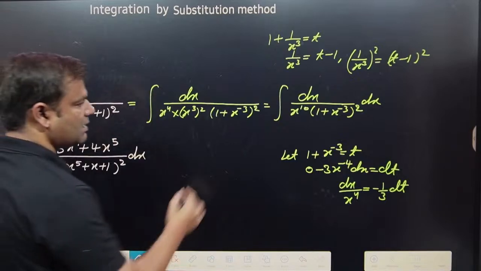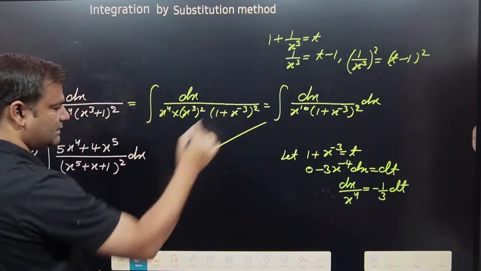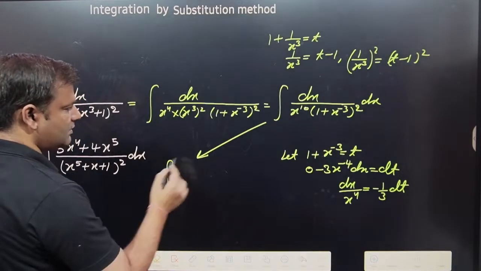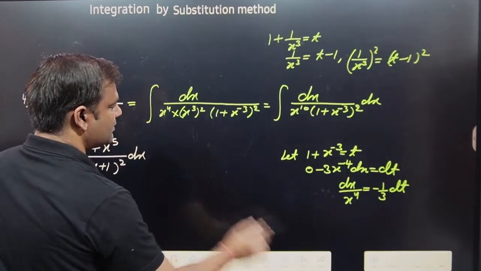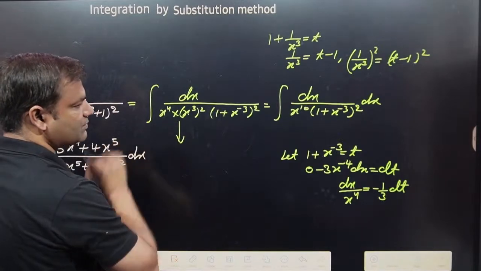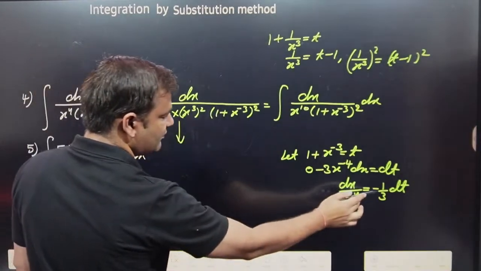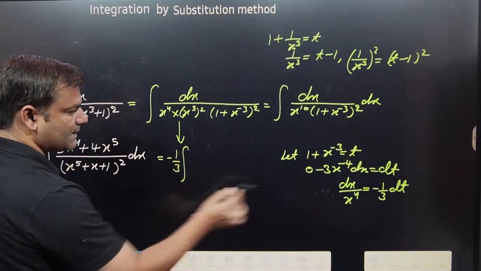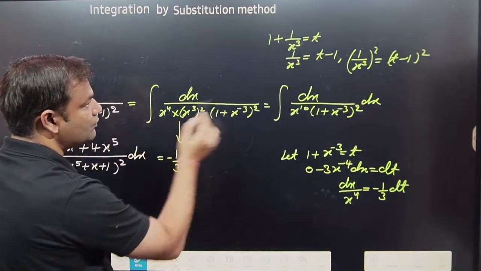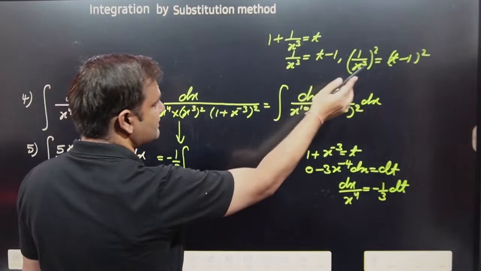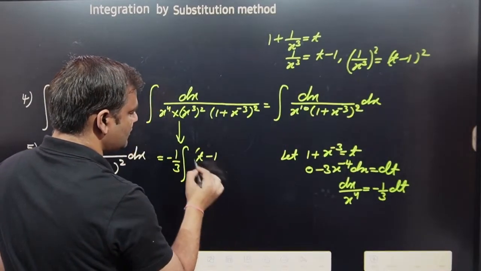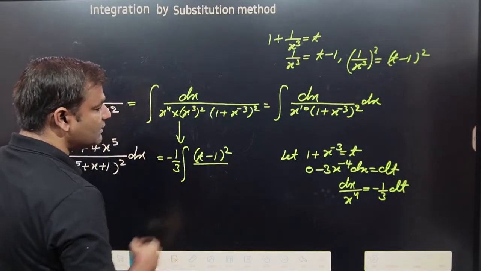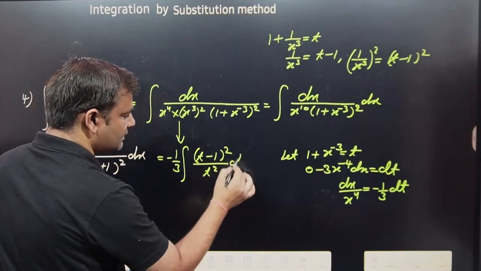So that part, dx divided by x to power 4, is minus 1 by 3 dt, into (1 upon x cube) to the whole square, so basically (t minus 1) to the whole square, and that over t to the whole square, into dt.